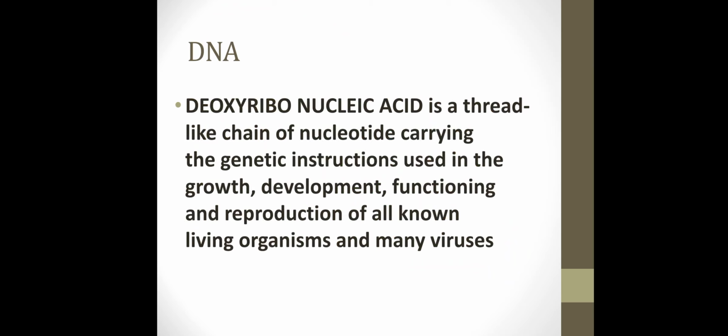So DNA stands for deoxyribonucleic acid. It means that it has a two stranded structure. That's why deoxyribonucleic acid is a thread like chain of nucleotides carrying the genetic instruction used in the growth, development, functioning and reproduction of all living organisms and many viruses.